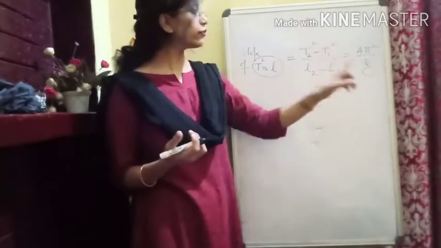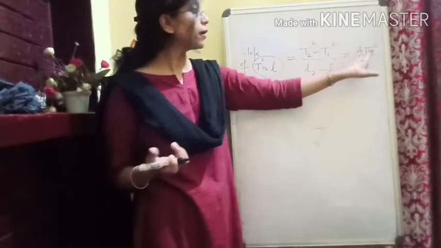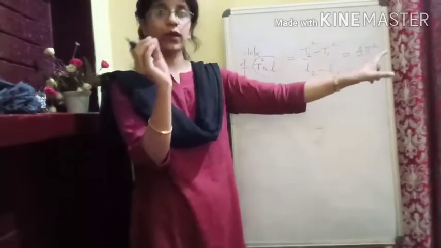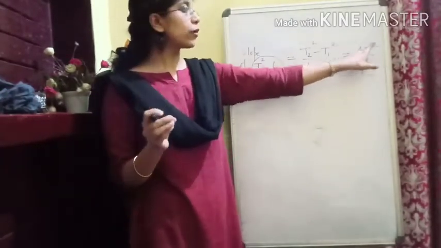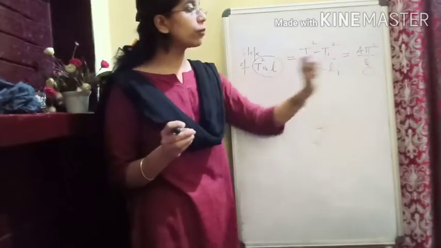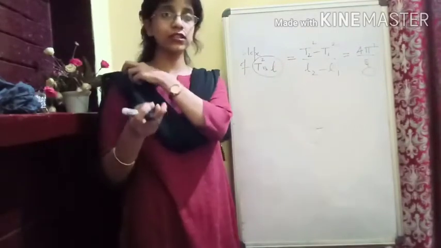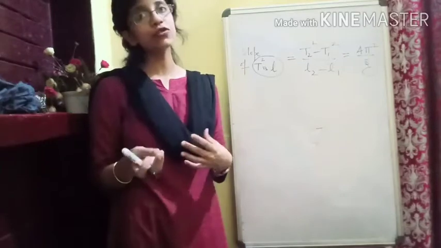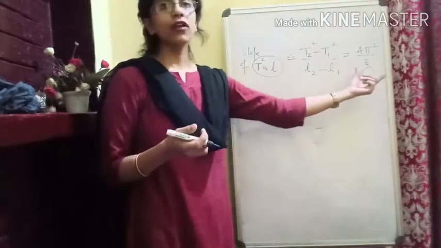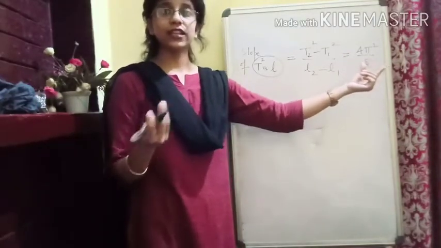So it is constant. The number 4 is constant. Pi has a fixed value, 3.14, so pi square is also constant. In the denominator we have small g, the acceleration due to gravity, which also has a fixed value, generally 9.8.